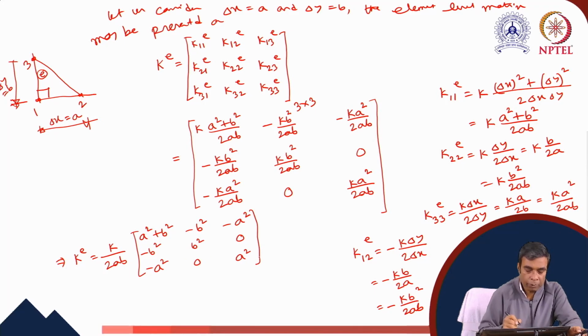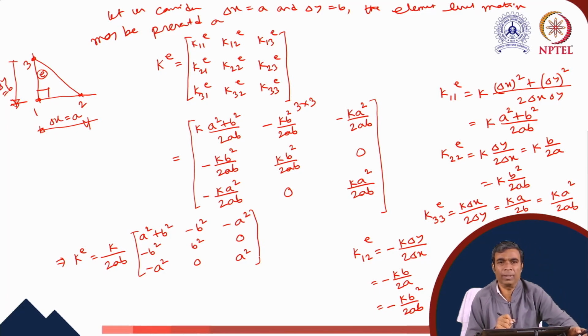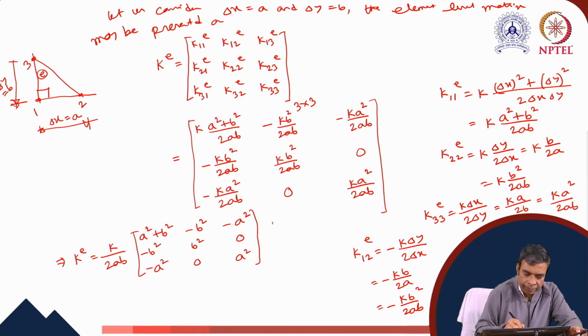So you have to remember that this particular element level matrix is valid only when the local node number 1 is containing the right angle.